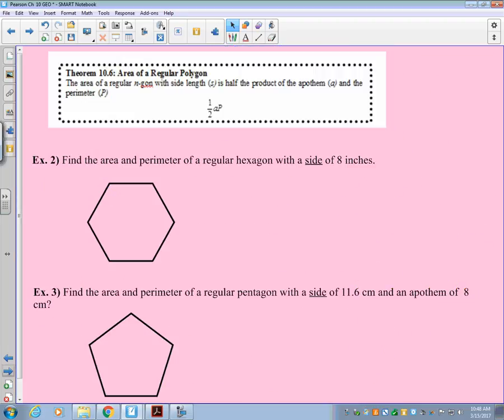All right, so now let's do the formula. We saw how to split up a regular hexagon. Now we're going to use those pieces of information to find the area. The area of a regular polygon, doesn't matter how many sides it has, is 1/2 times the apothem times the perimeter.